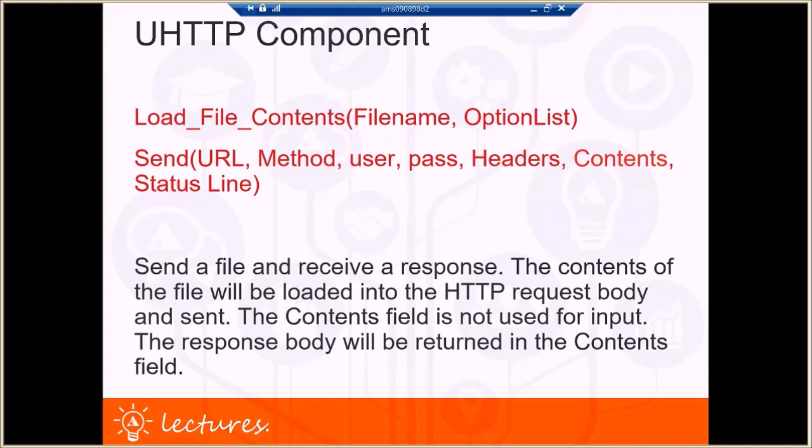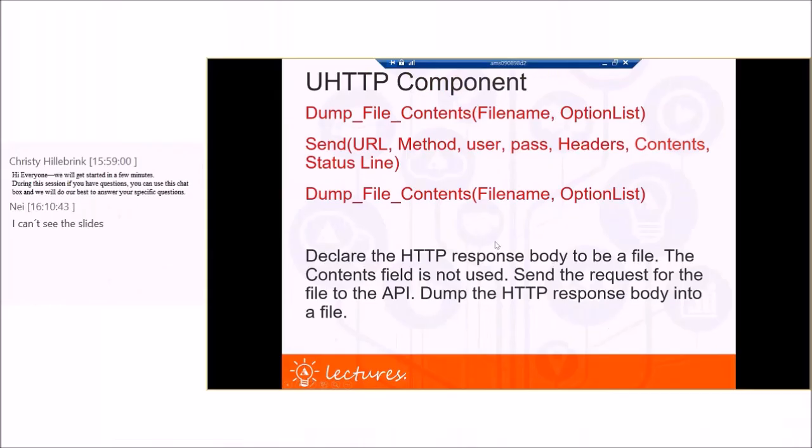So for downloading a file, we have a similar operation, but perhaps a little less intuitively. You have to call it once before the send, and that is to declare to the send operation that you want to download a file and that it shouldn't place the response body into the contents parameter.